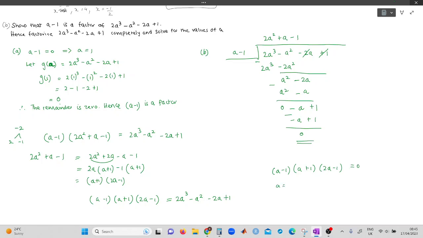So a equals 1, a equals minus 1, a is equal to 1 over 2. This is how you get all the values of a when you solve this cubic expression. Donc, ça nous gagne 3 valeurs pour a. D'accord? So, I hope this is clear.